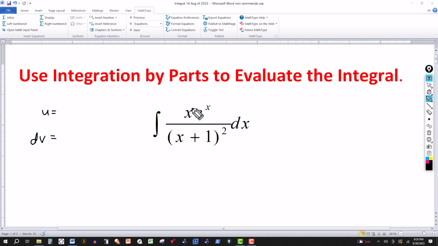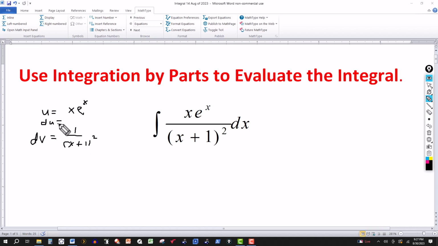The problem here, though, is that to integrate x e to the x, you have to use integration by parts. So I choose to differentiate that part, x e to the x, and I'm going to integrate the 1 over x plus 1 to the second.